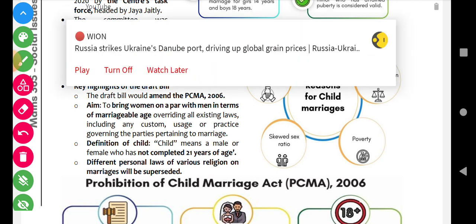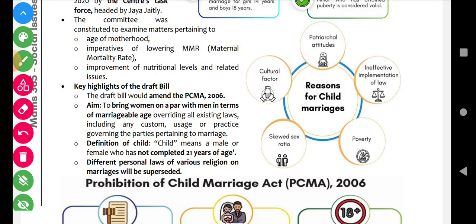The draft bill would amend the Prohibition of Child Marriage Act 2006. What is aimed by this bill? To bring women on a par with men in terms of marriageable age, overriding all existing laws, including any custom, usage, or practice governing the parties pertaining to marriage.